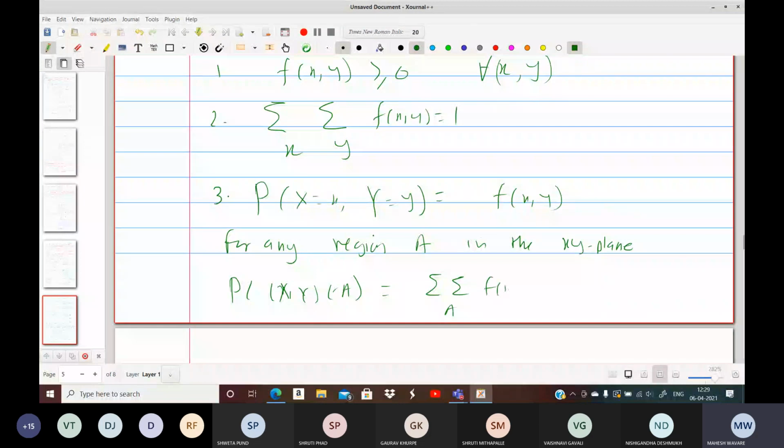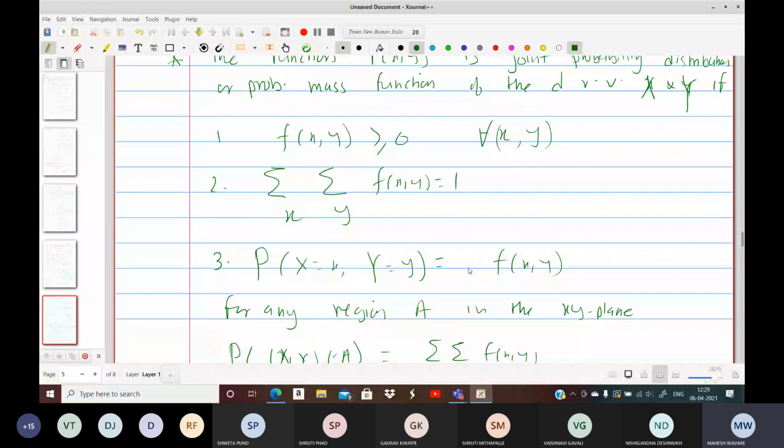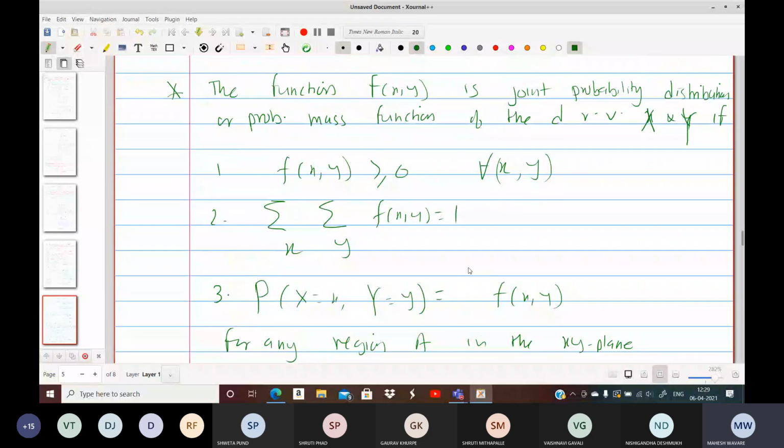This is for every point in A. So each probability has to be greater than or equal to 0. The sum of all probabilities for all x and all y has to be 1. And if you want the probability for X equal to x and Y equal to y, it is just the function f of x, y. Let us elaborate this by the following example.